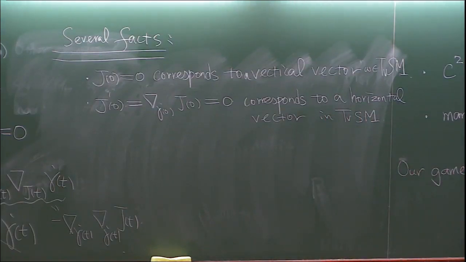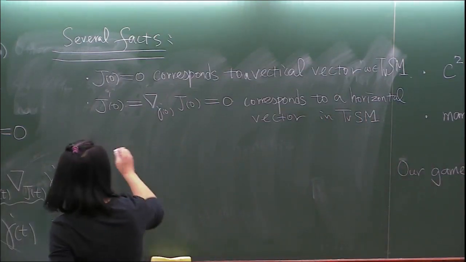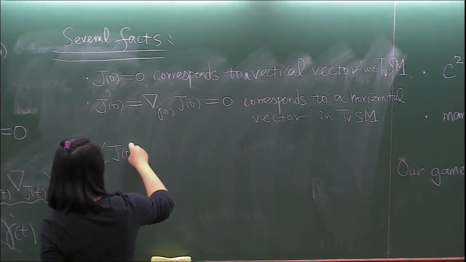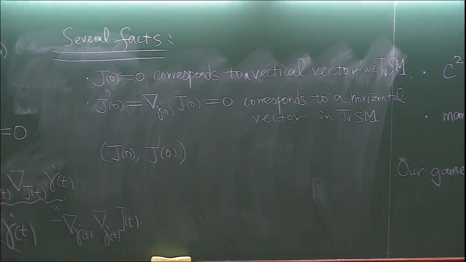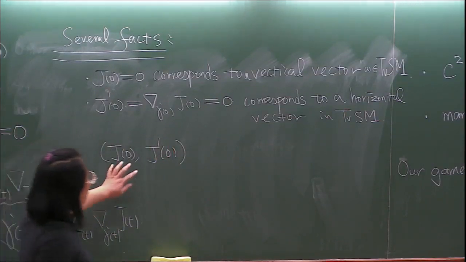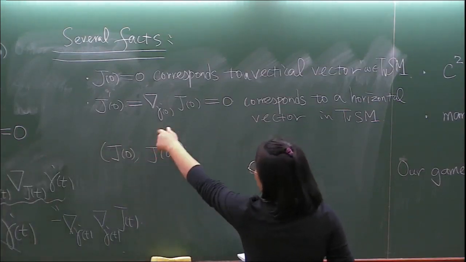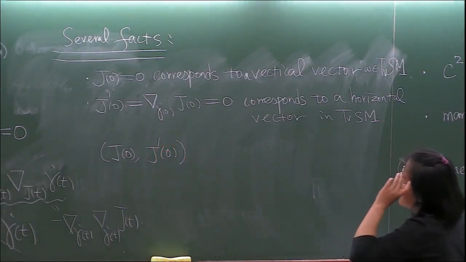Okay, so that means you can identify a Jacobian field, with J_0 and J_0 prime, where the prime means the derivative in the V direction.